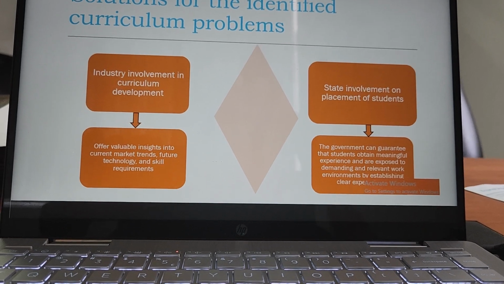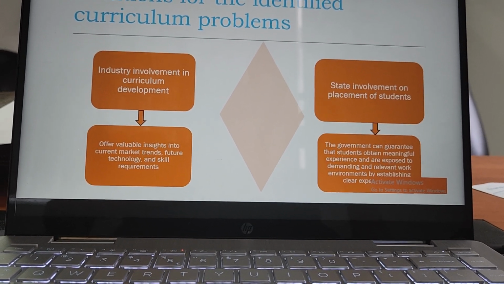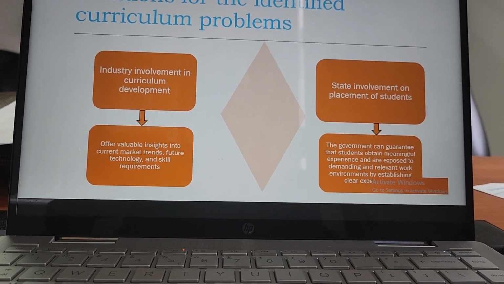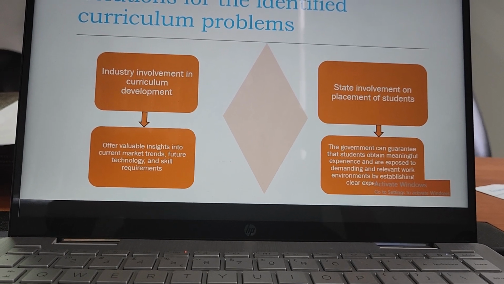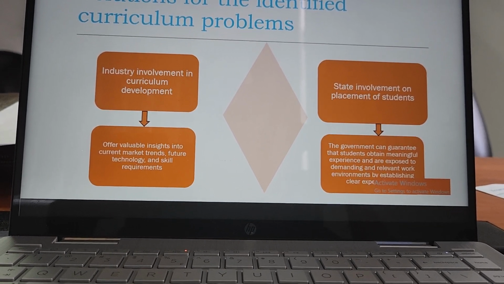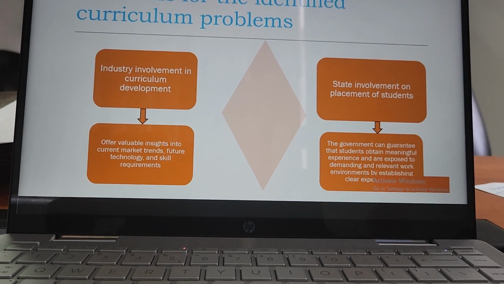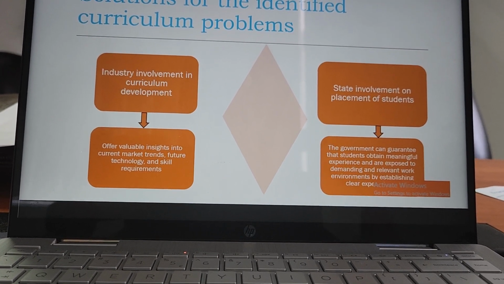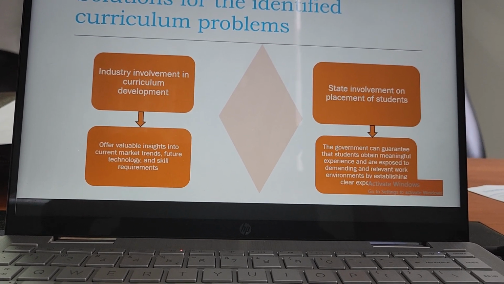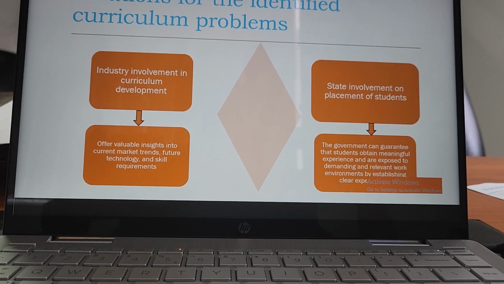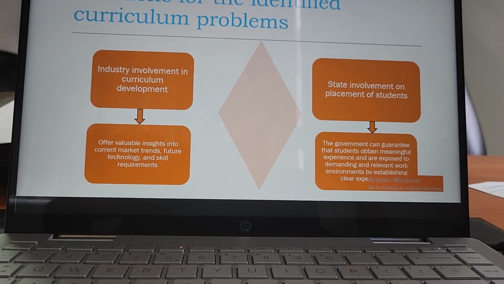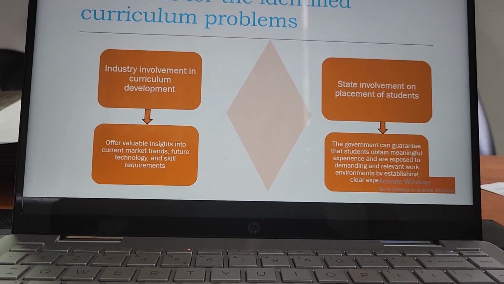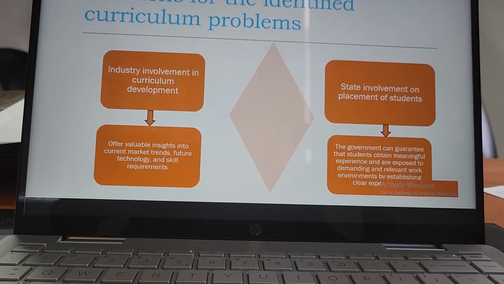So now if industries are involved in the development of our curriculum, we wouldn't have challenges of placement, because when we go out to the same industries for placement, they would know us and they have been expecting us to come with so many students because they've been part of the development of our curriculum.